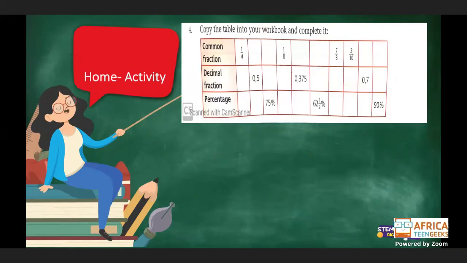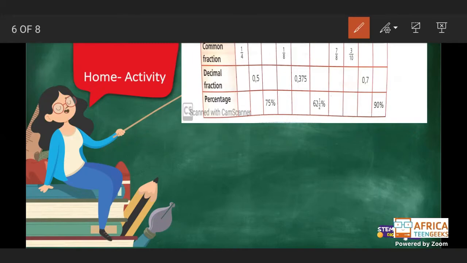Common fraction, decimal fraction, and percentage. So what you will do is convert 1/4 to a decimal, and you also convert 1/8 to a decimal fraction, and you'll convert 0.375 to a common fraction.